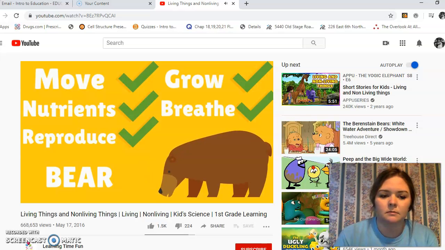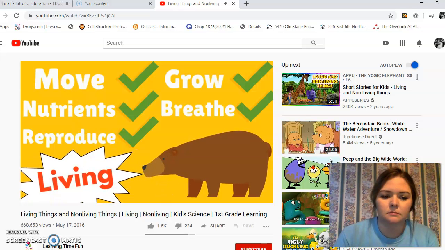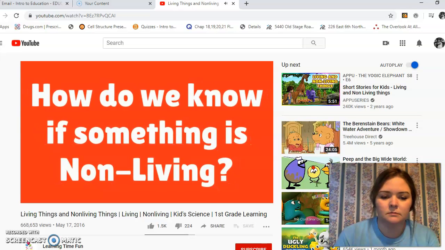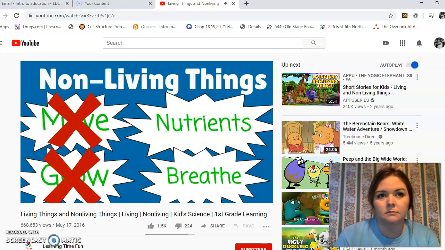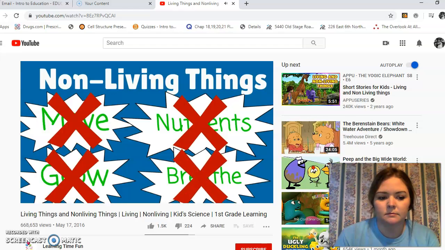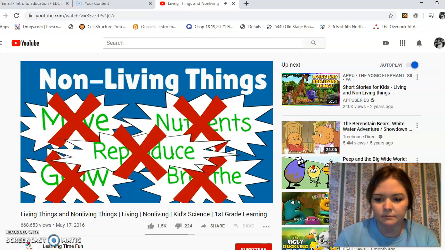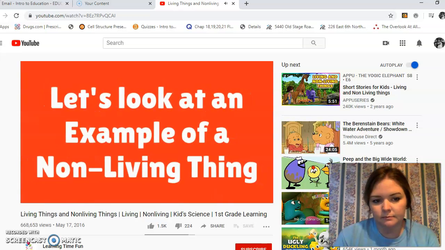That's right. It's living. So how do we know if something is non-living? Non-living things can't move. Non-living things don't grow. Non-living things don't need nutrients. Non-living things don't breathe. Non-living things don't reproduce. Let's look at an example of a non-living thing.